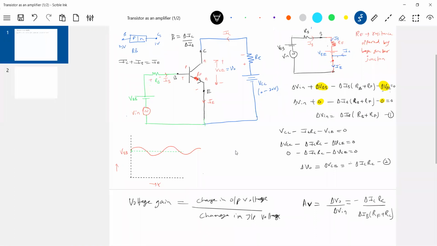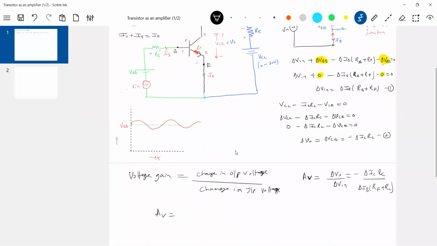It should be beta. So minus beta times RC by RB plus RF. In fact, what happened to RF? RF will be very small. So the formula will become beta RC by RB.